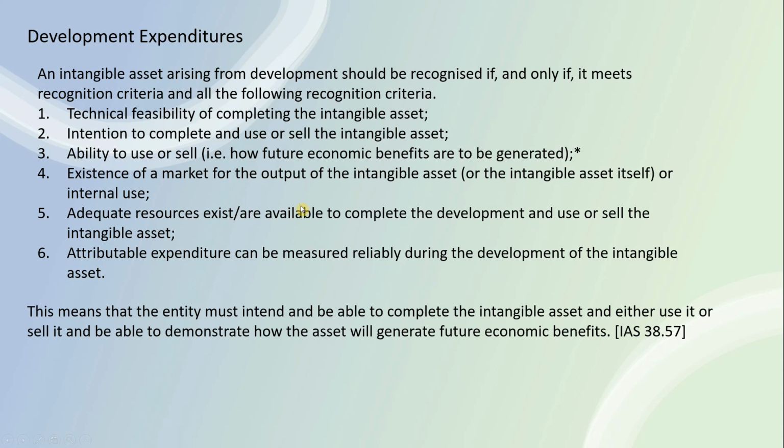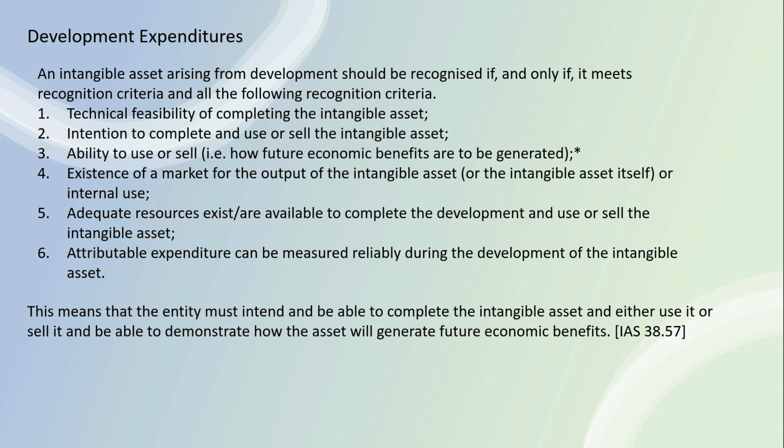So the six criteria are related to the production of the product itself: whether the technical aspect exists or not, whether the product itself will bring economic benefit or not, whether it is already used in the market or not, whether the cost can be measured or not in the production in this phase.